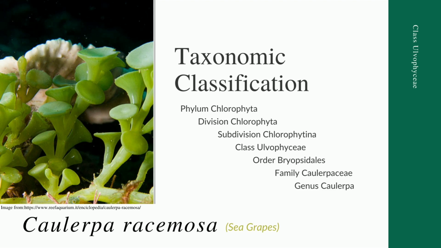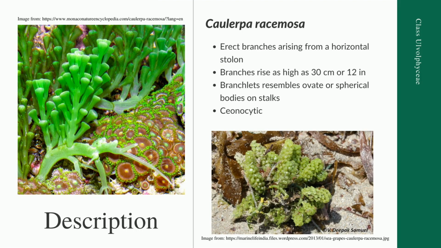The species Caulerpa, commonly known as sea grapes, is part of the phylum Chlorophyta, class Ulvophyceae, order Bryopsidales, family Caulerpaceae, and genus Caulerpa. This plant has erect branches arising from a horizontal stolon attached to the sediment at intervals by descending rhizomes.